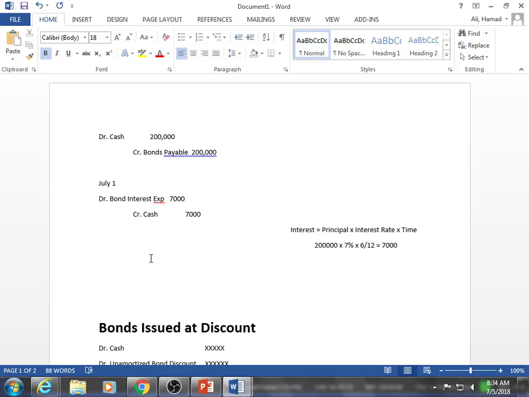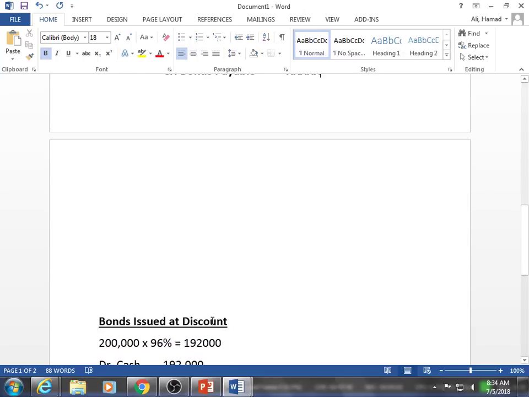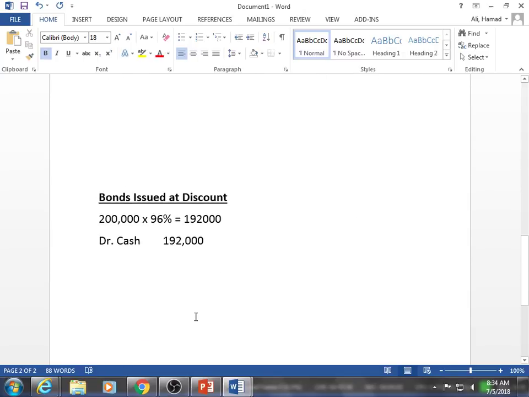You see, bond issued at a discount. Carat issues $200,000, 7%, 5-year bonds at 95.9%. But we did it to the nearest number, so we said 96%. That means we're getting 96% of the face value, less than the face value. So this is a bond issued at a discount.